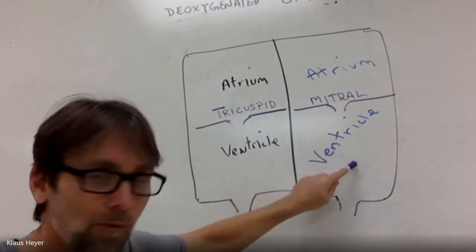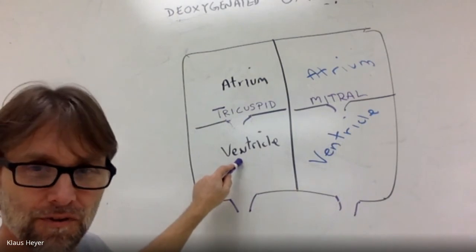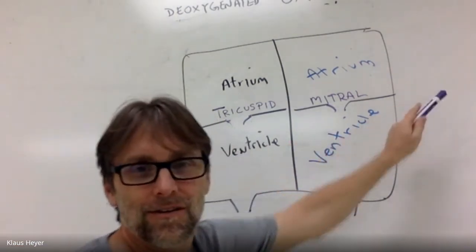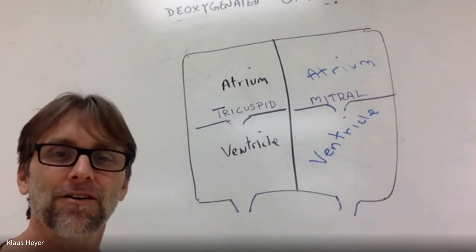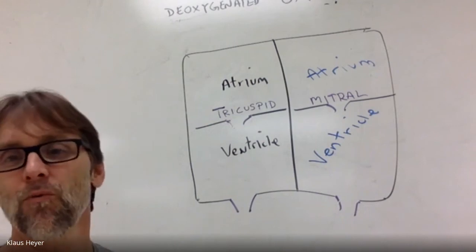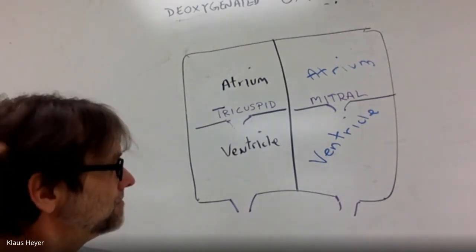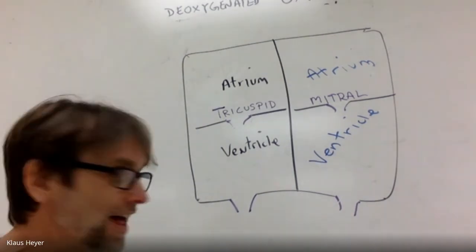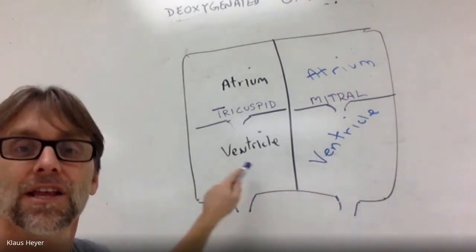This is doing some work. This is going next door. Where's the lungs? Right here. That's an easy trip. You don't even have to get on a FedEx truck for that. You just walk it next door. Probably still got your slippers on. So that's not a big trip for this side to make. So this side works a lot harder than this side.